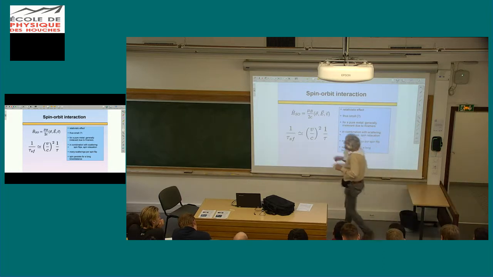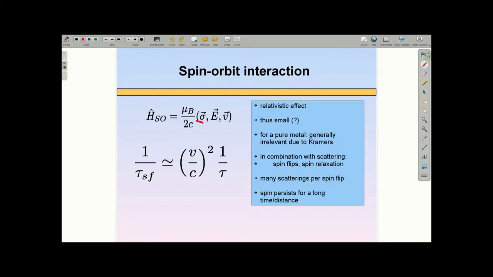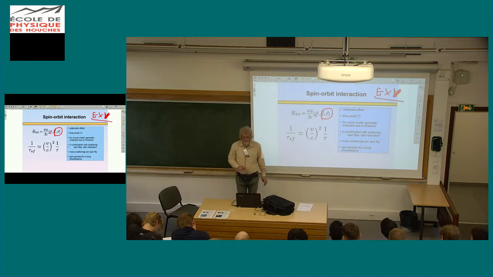So, in fact, the Hamiltonian for spin in this case becomes the same set of Pauli matrices times an effective magnetic field, which is the vector product of the electric field times the velocity, and in the system of units, which is not legal in this republic, I put c here.